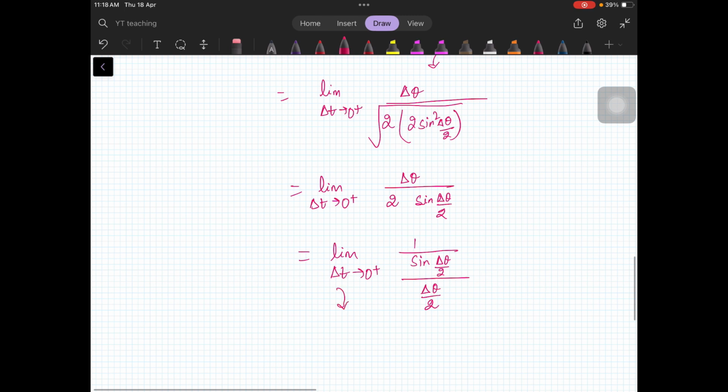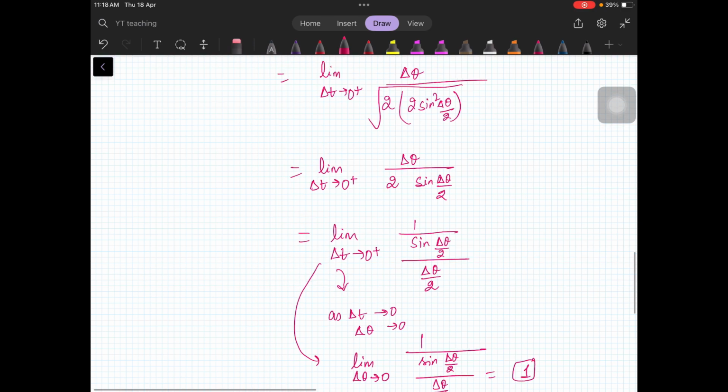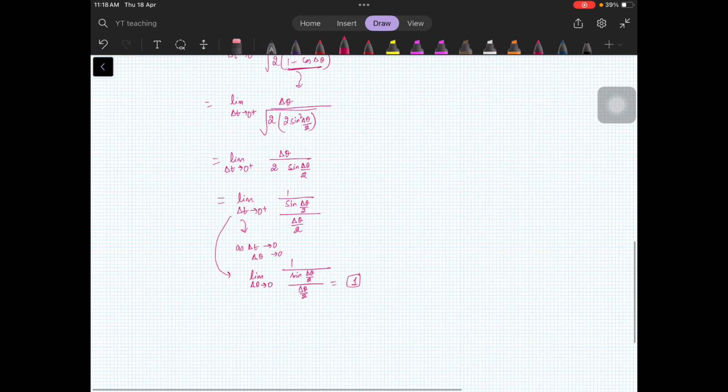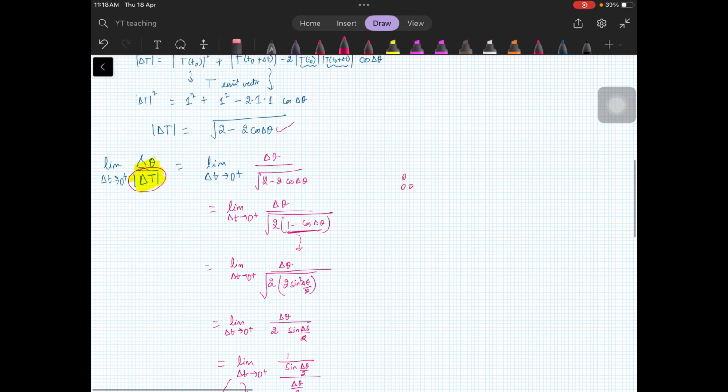Now as del t goes to 0, del theta also goes to 0. So this becomes limit del theta goes to 0, 1 upon sine del theta by 2 upon del theta by 2, this is 1. Right? Okay, so we get that. Therefore, we get that this quantity, limit del t going to 0 from positive side del theta upon modulus of del t is 1. Okay, so this is what we got.